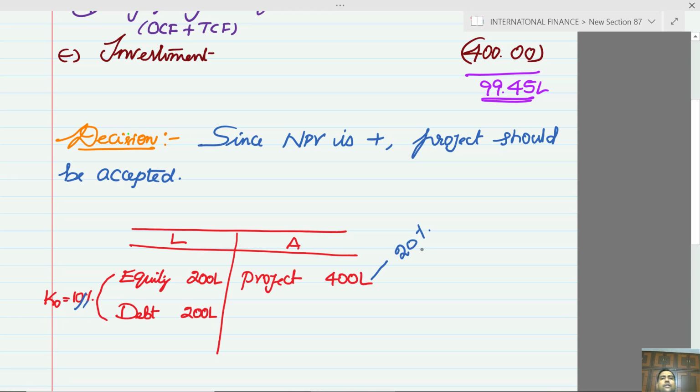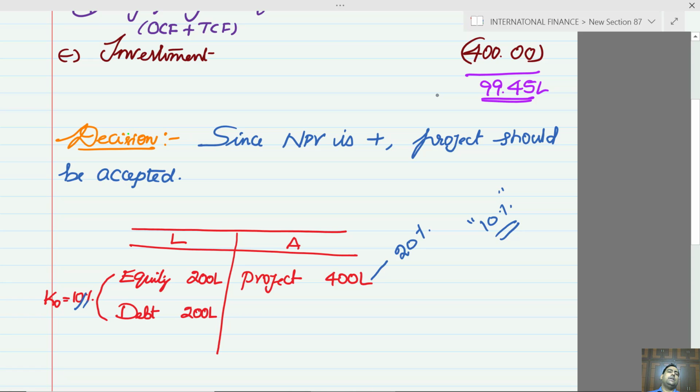Out of 20% return, you are paying 10% every year. So by accepting this project, you are left with a profit of 10%. That 10% we call NPV. So if you convert this 10% into rupee value, that rupee value is defined as NPV.